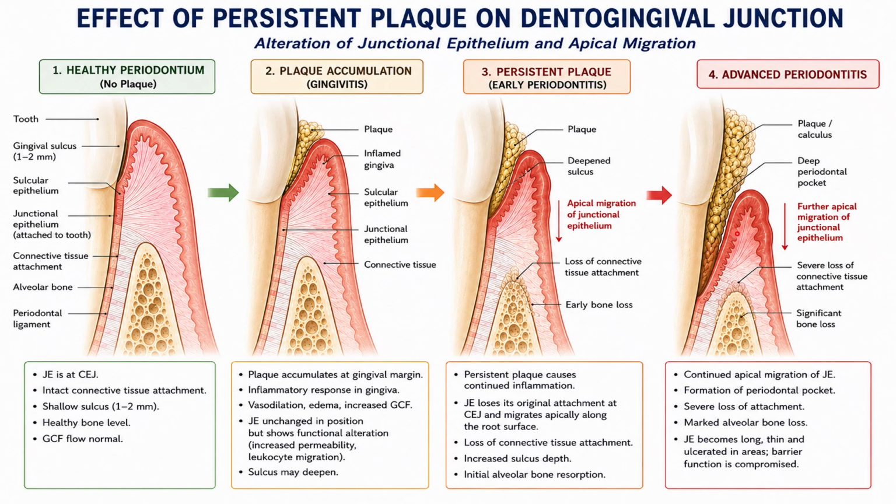Now, in case of advanced periodontitis, there is continued apical migration of the junctional epithelium, and we can see formation of a periodontal pocket. There is severe loss of attachment and marked alveolar bone loss. So the junctional epithelium becomes long, thin, and ulcerated in areas, and here the barrier function is compromised.